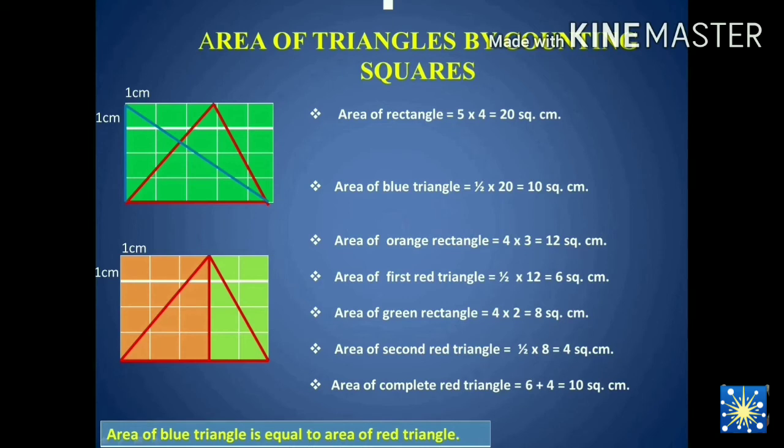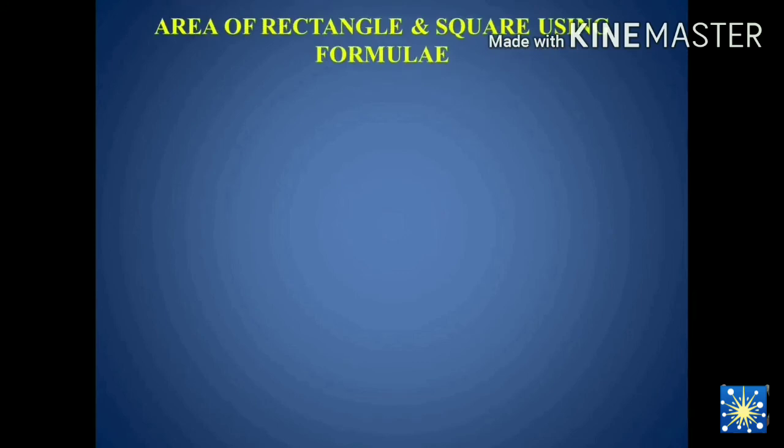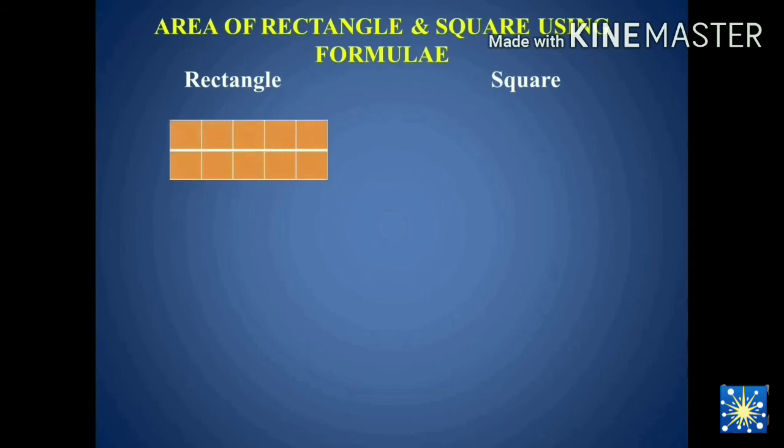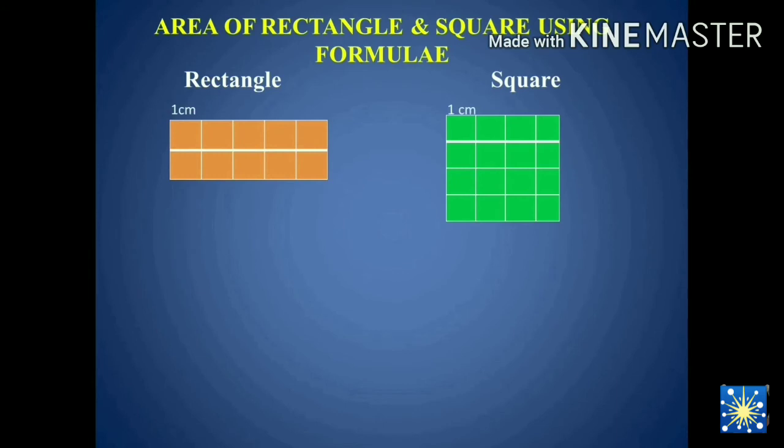Children, now we take another topic, that is area of rectangle and square using formulae. First we draw a rectangle and a square. These rectangle and square are also having squares of 1 square centimeter.